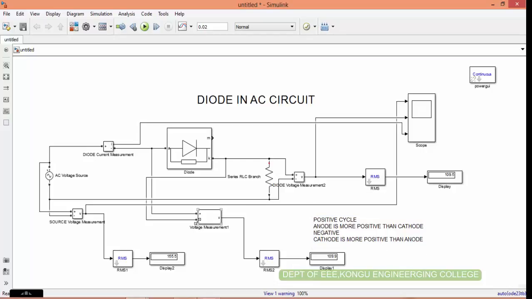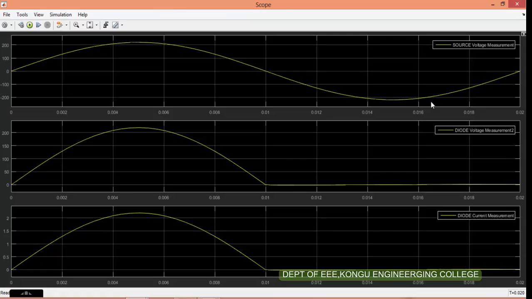That means the diode is in reverse bias condition, and hence it will not allow the negative cycle to flow from the AC source to the load. And hence you are not having your negative cycle on your output. It will conduct only for the positive cycle.